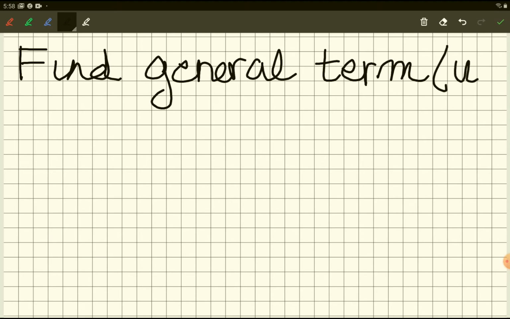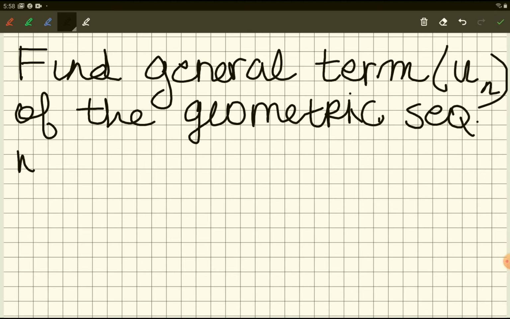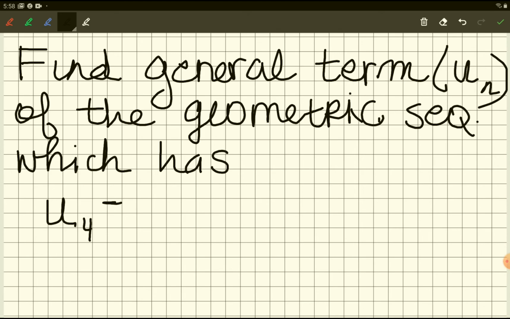So general term just means u sub n. Or you just use the formula of the geometric sequence which has u sub 4, so the 4th term, 24.